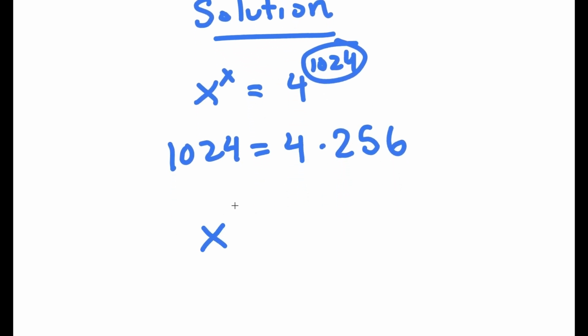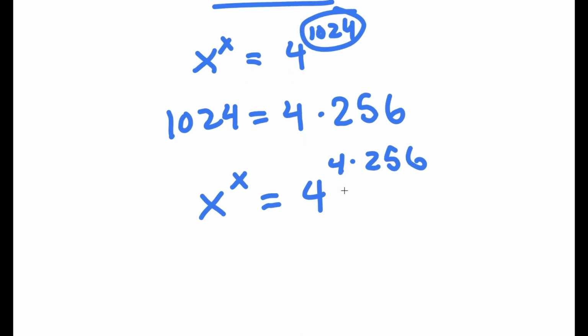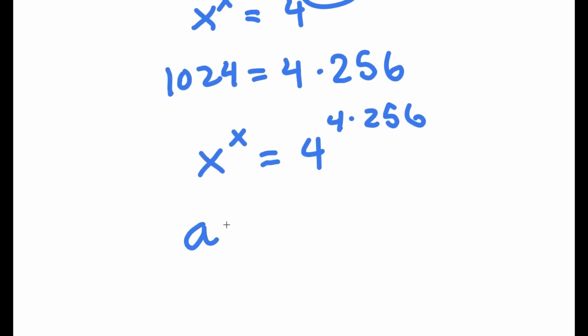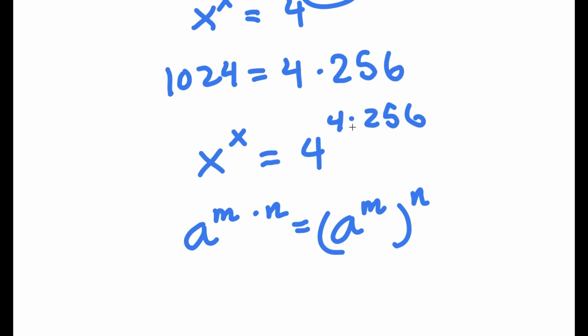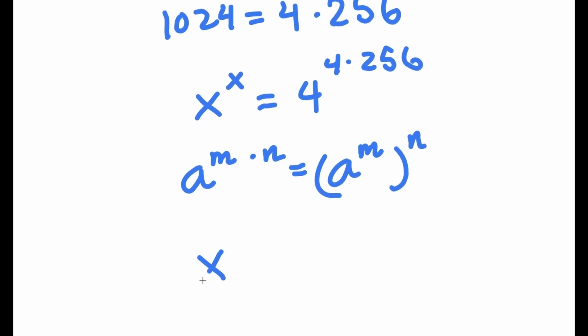So now I have x to the power of x is equal to 4 to the power of 4 times 256. Now, if I have something in the form a to the power of m times n, this is equal to a to the power of m to the power of n. So 4 to the power of 4 times 256, that's the same thing as 4 to the power of 4 to the power of 256.